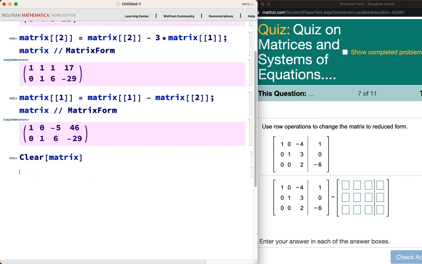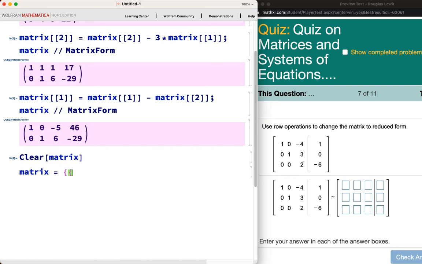Actually, it's already in reduced form. Well, technically, no. Hold on one second. This number right over here has to be a 1. So actually, it's not in reduced form. Sorry, it's almost in reduced form, but not quite.